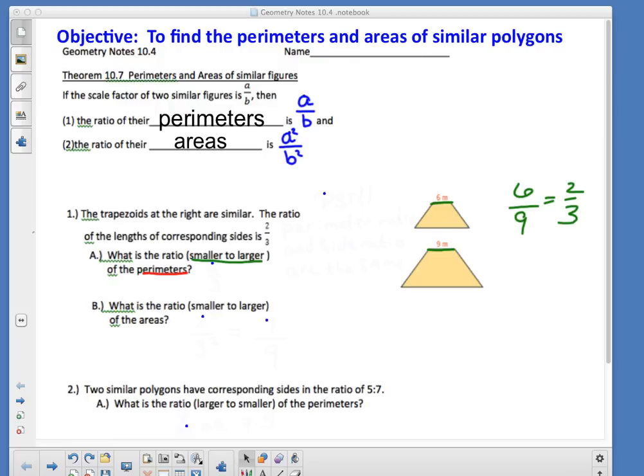In chapter 11, section 6, we will learn that the volume of a shape is directly related to the corresponding sides. The scale factor is the first power. The area ratio, I should say, is the second power.